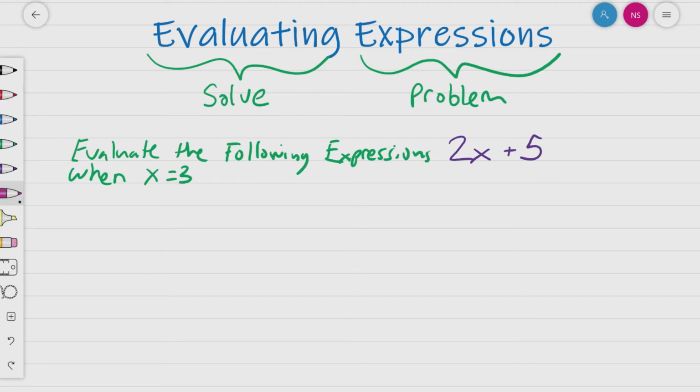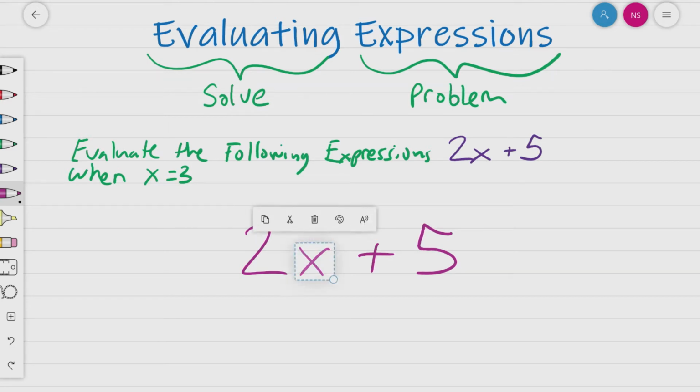Let's write it down here so that we could visually see it bigger. Okay, so there's my expression, and like I just said, I need to substitute any x's with the value of the x they gave us, in this case 3. But here's your first lesson. You can't just get this x and be like, okay, I'm gonna throw it away and put in a 3, because that's what Neil just said.